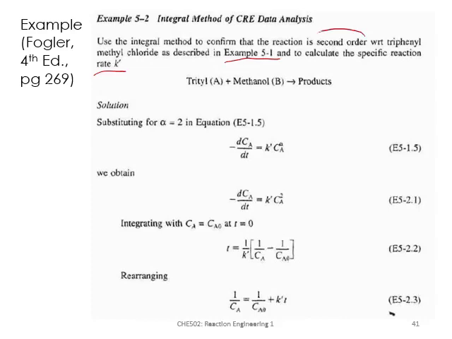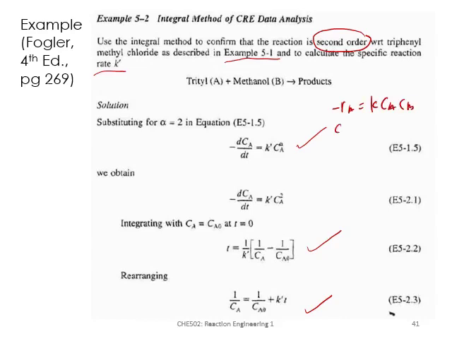And here it is already mentioned that it is second order, so your assumption will be second order. All right. Then you integrate, and you'll get the linear relationship after the integration. But remember, in this example, it's supposed to be -rA = k CA CB.